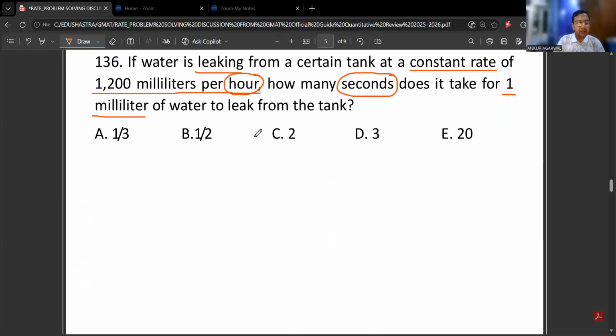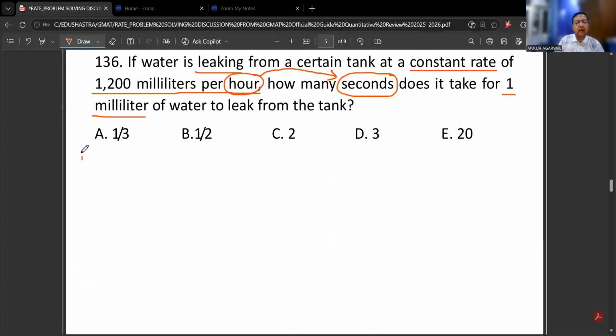And what is the option you people are getting for this one? Yes, very quickly. So first of all, I have to convert the unit from hours to seconds, right?